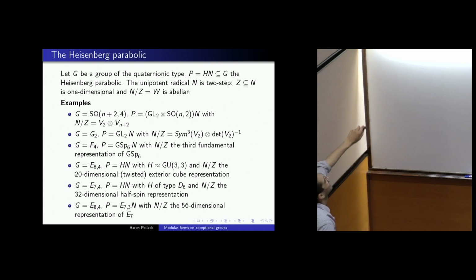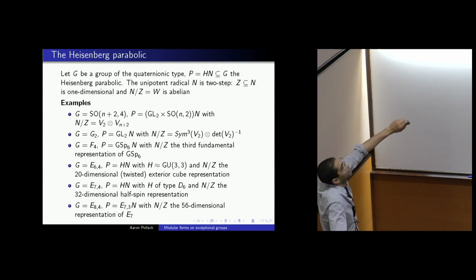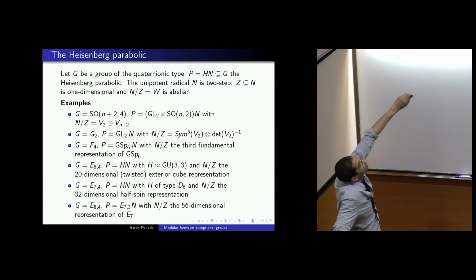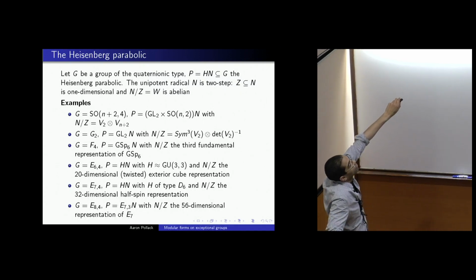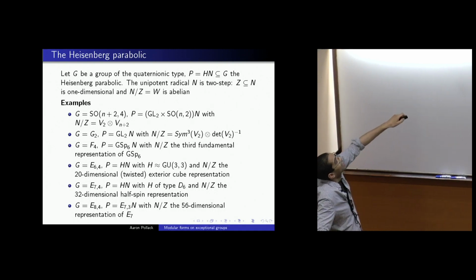Take G to be one of these groups, the subject of this talk, and take this Heisenberg parabolic P. I've written the Levi here as H, and the unipotent radical is N. The unipotent radical is a two-step unipotent radical, so we'll call the center Z. Then Z is one-dimensional, and N mod Z is abelian.